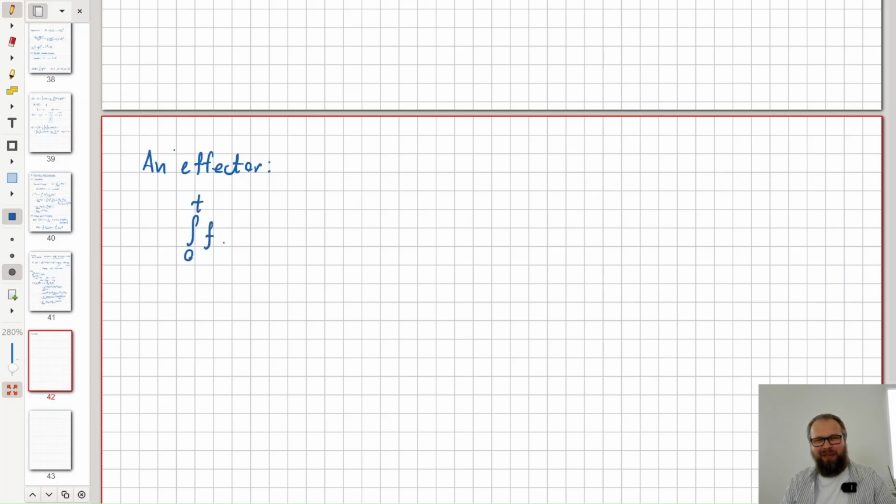It is some function f of s, and let's plug in our correlation function, which was y, t2, x, s plus t0, minus t0.